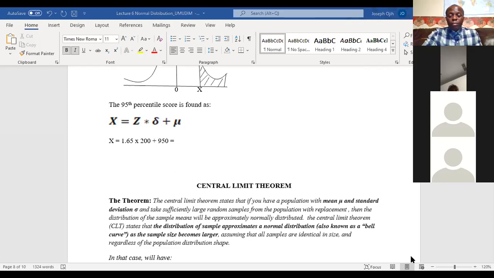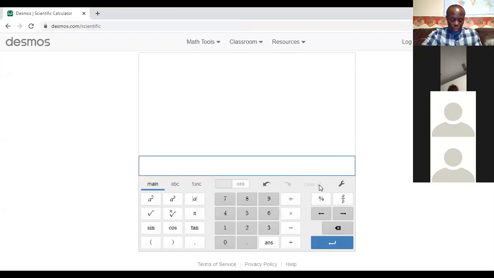We have 1.65 times 200, which is the standard deviation, plus the mean. Now I have to put this in parentheses so that it calculates properly, then plus the mean of 950. You have 2080.